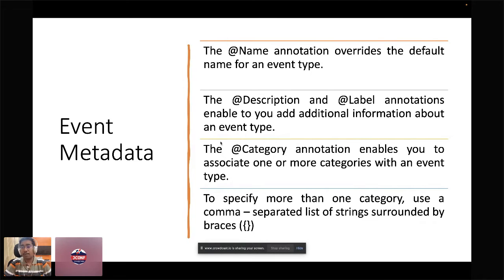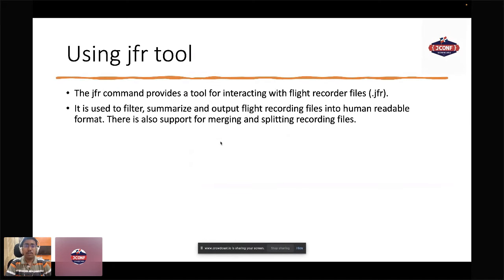So if you are working in an application where there are multiple events, you might have to categorize them in different ways. There the category annotation can be used. And if you want to specify more than one category, you can use a comma separated list of strings, surrounded by braces. So this is how easy it is to get started if you are using multiple events in the application.